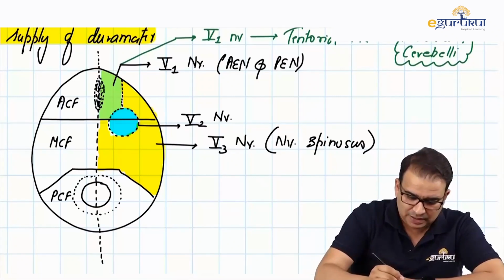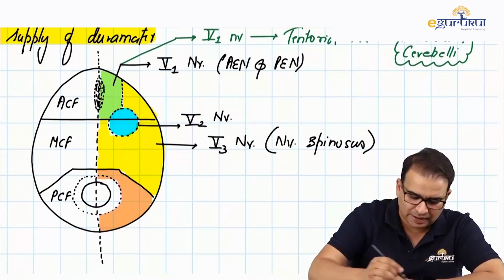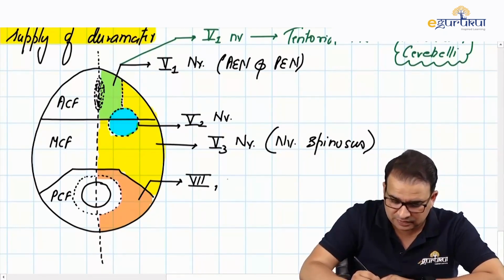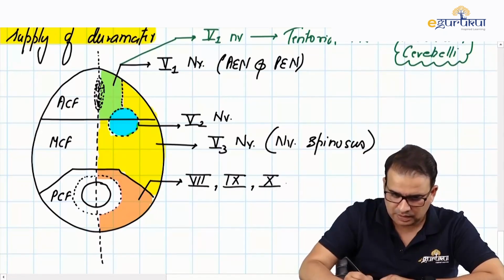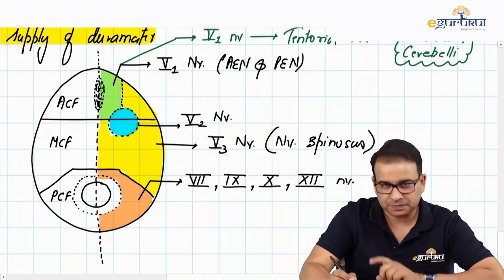Let me highlight this area here, the area in the posterior cranial fossa away from foramen magnum. It is supplied by the cranial nerves, and those could be branches of the 7th nerve, 9th nerve, 10th nerve, and even maybe 12th nerve.